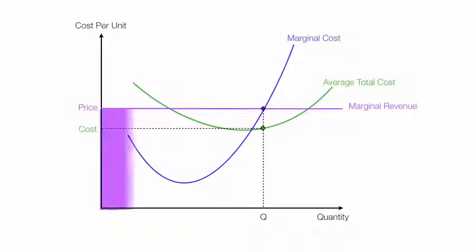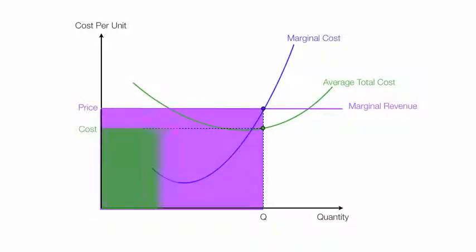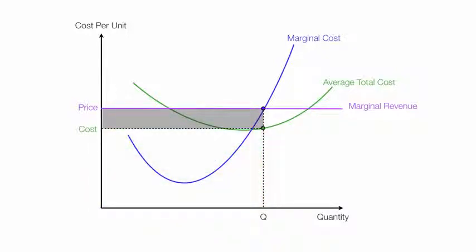So visually, I can take this purple, which is total revenue, and the green, which is total cost, and the dark purple area is actually profits. I'll make that gray, so we can see it a little easier. Profits. The width of that rectangle is Q, or quantity.